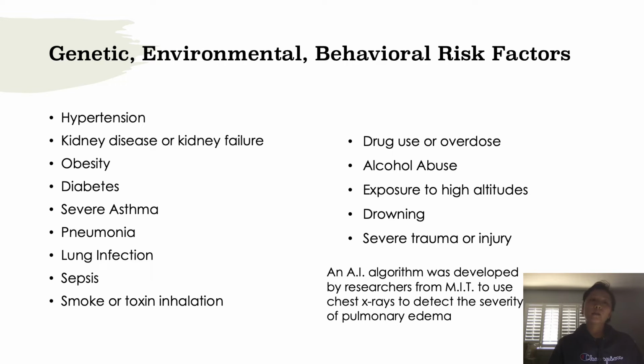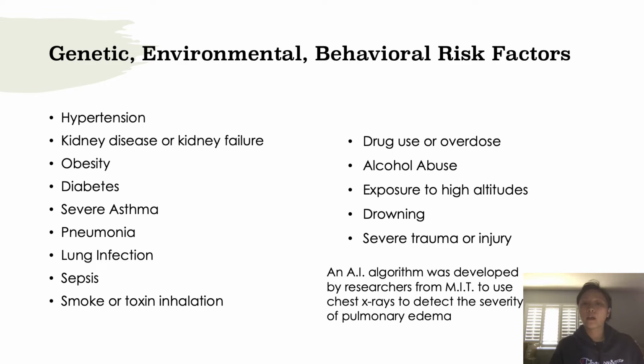The genetic, environmental, and behavioral risk factors are as follows: hypertension, kidney disease, obesity, diabetes, severe asthma, pneumonia, lung infection, sepsis, smoke or toxic inhalation, drug use or overdose, alcohol abuse, exposure to high altitudes, drowning, and severe trauma or injury.